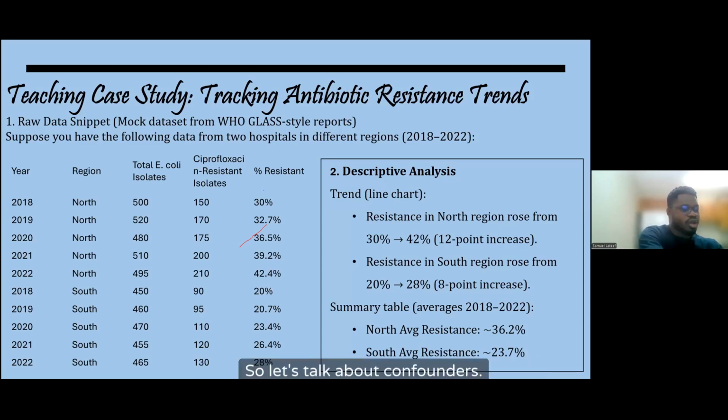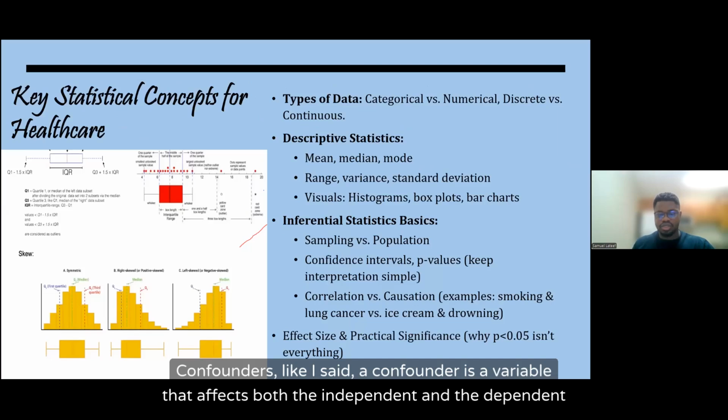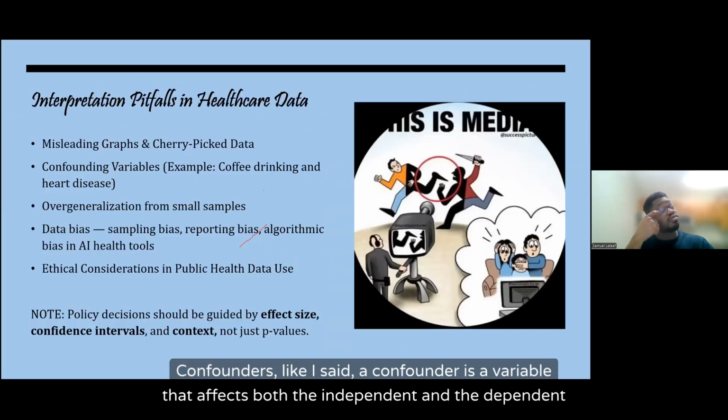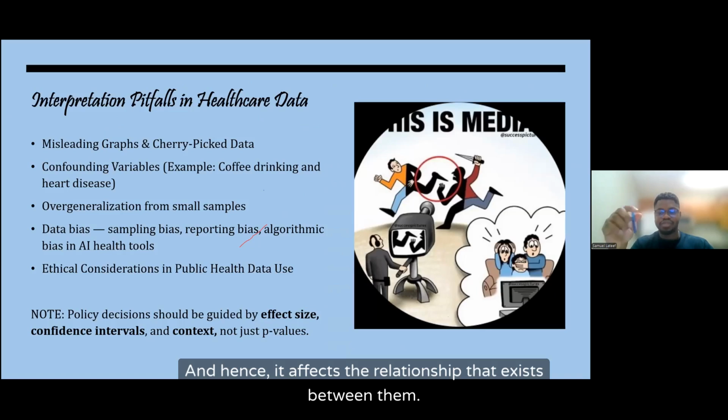So thank you. Let's talk about confounders. A confounder is a variable that affects both the independent and the dependent variable, and hence it affects the relationship that exists between them. It can distort your results or your reports if you're not careful.